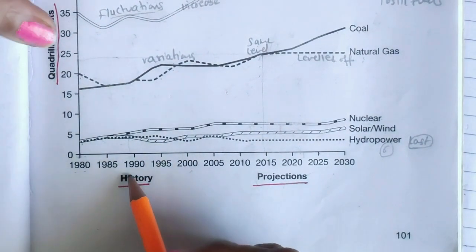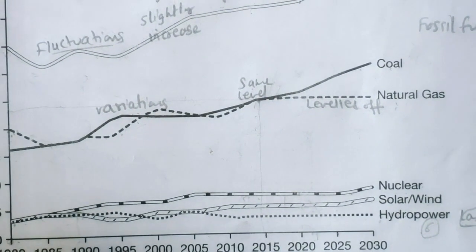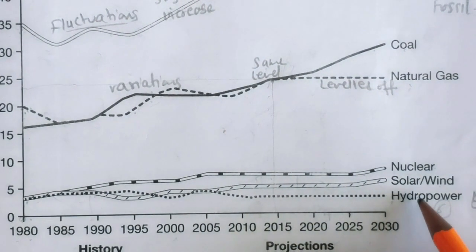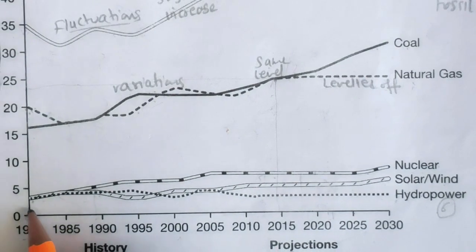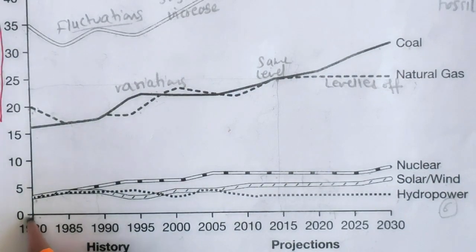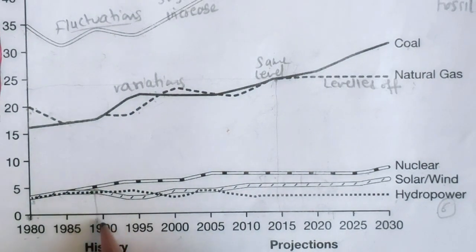So now about the next line. For these 3 lines, I will be combining them like this. These 3, nuclear, solar, wind, and hydropower, started just above the bottom line, and you can interpret that up to 1989 they were at the same level.